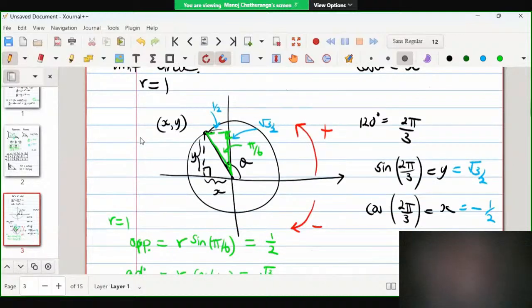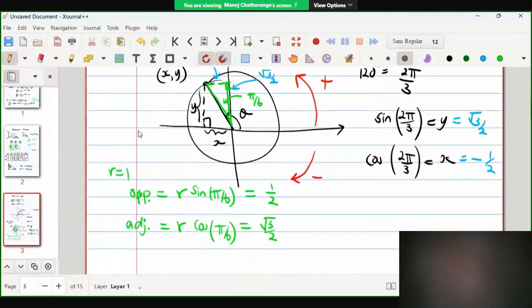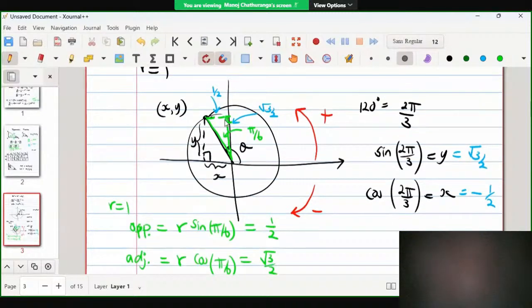And then we can compute other trigonometric values using the known trig function values and the sign conventions.